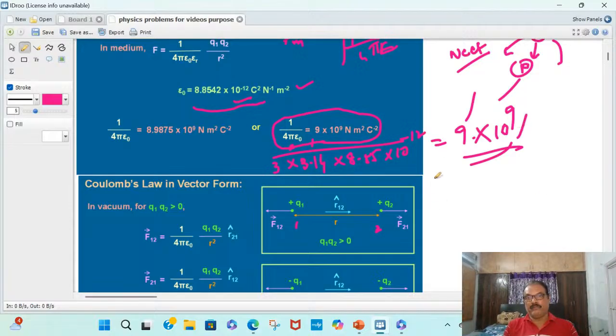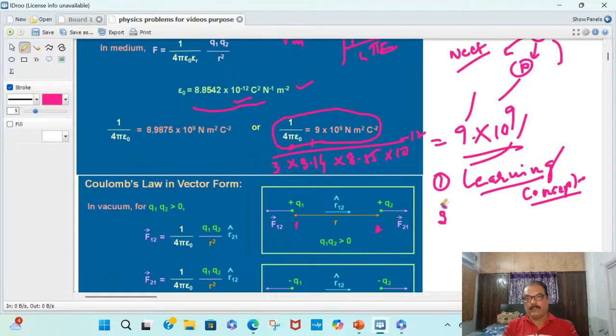The main important things for NEET: first is learning concepts, which comes from the books. Second is chapter-wise preparation, micro-level concepts.